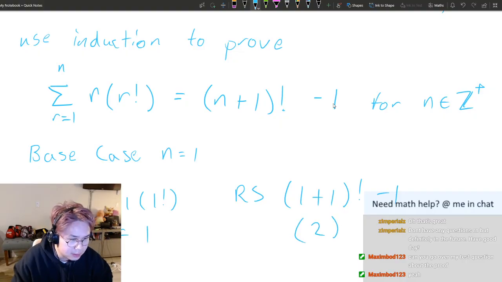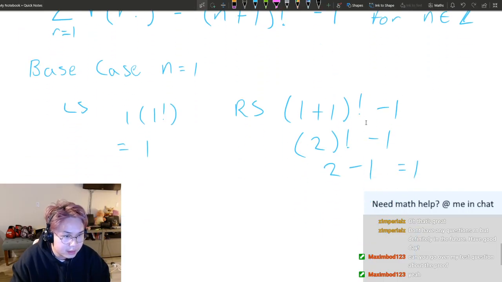So this is 2 factorial minus 1. 2 factorial is 2. 2 minus 1 is 1. So we know that our statement P of n, well, P of 1 is true.